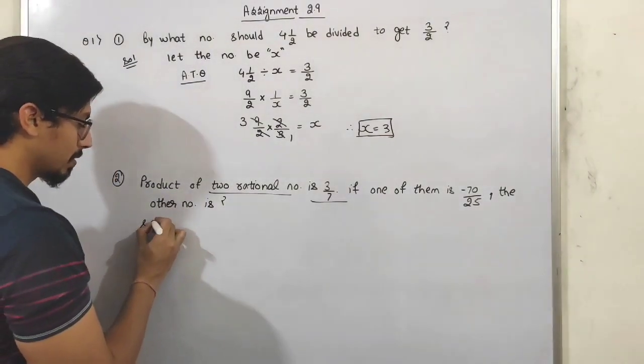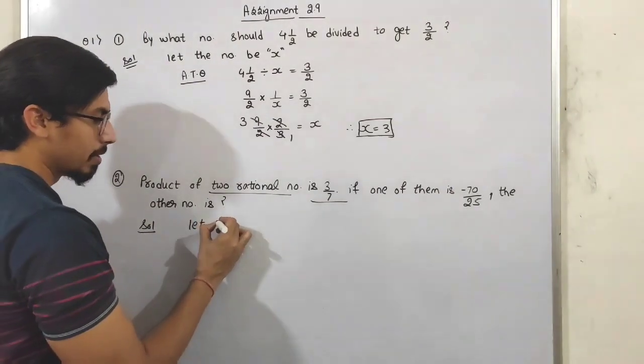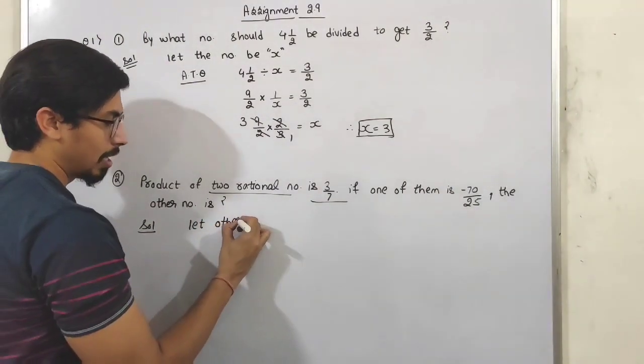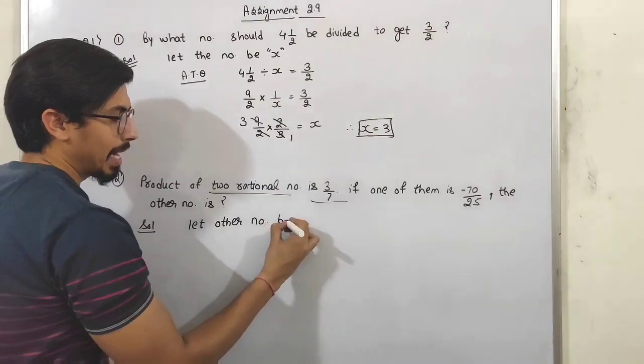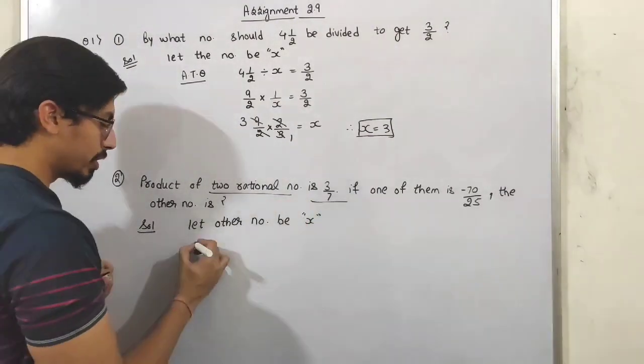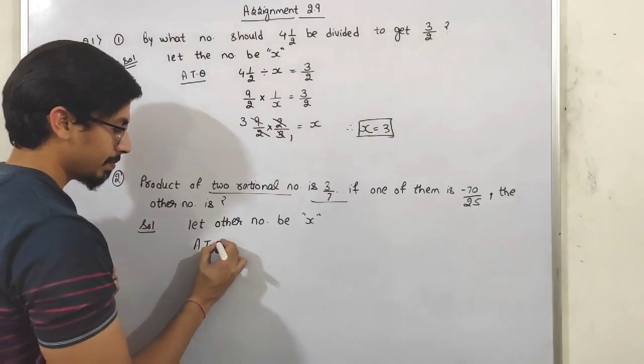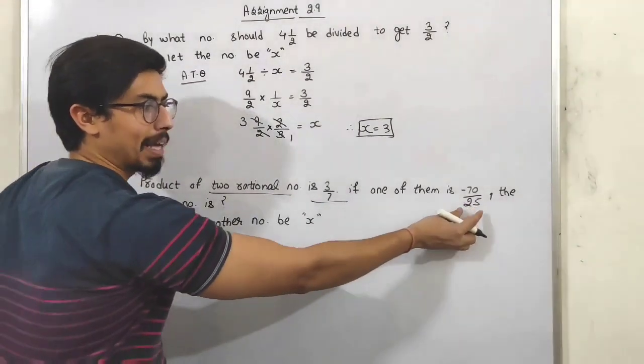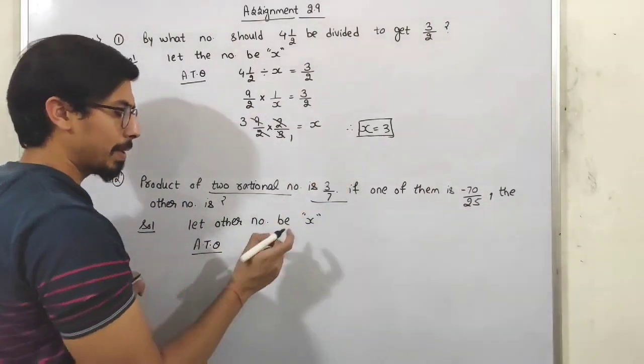So the solution is: let the other number be x. Okay, students, according to the question, if I multiply this number by this number, we get 3/7.